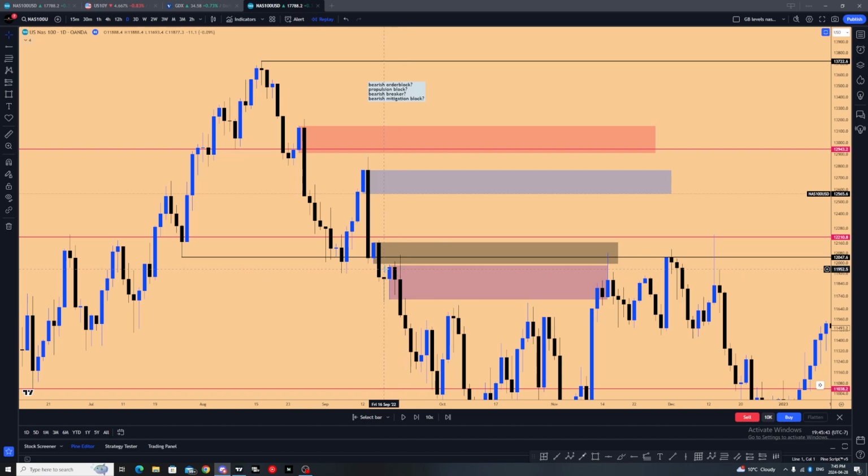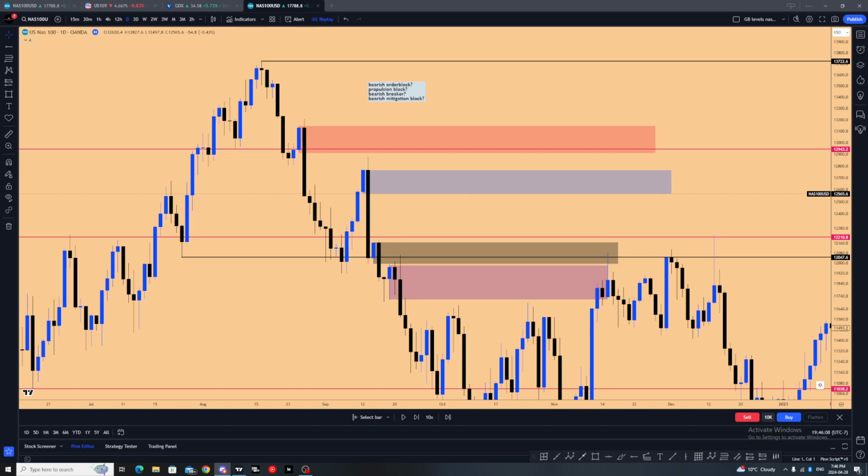Sam says this purple is a bearish order block. He would be wrong to say it, but at least he's trying.